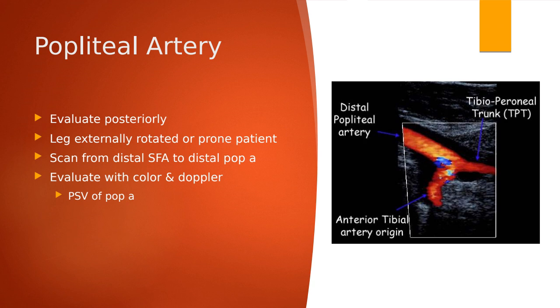Typically, when you're doing a DVT study, so a venous leg, a lot of the arteries sit higher than the vein when you're doing your compression or your sag. The popliteal vein flips. So when you hear people reference pop on top, it's talking about the popliteal vein is on top of the popliteal artery.